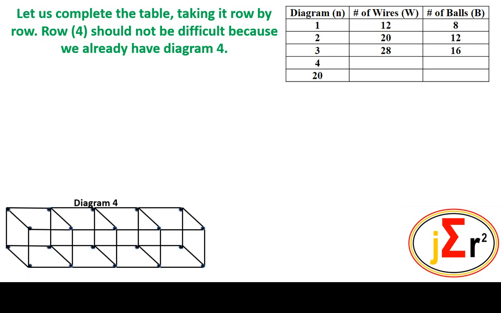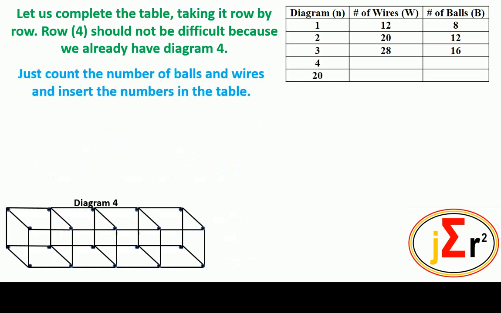All we need to do to complete row 4 is count the number of wires and count the number of balls, which we do not have time for in this audiovisual, but we just understand that all we need is the number of wires and the number of balls, and we have those numbers, so we will insert them in their respective places. Here we go. 36 wires and 20 balls are in this diagram.